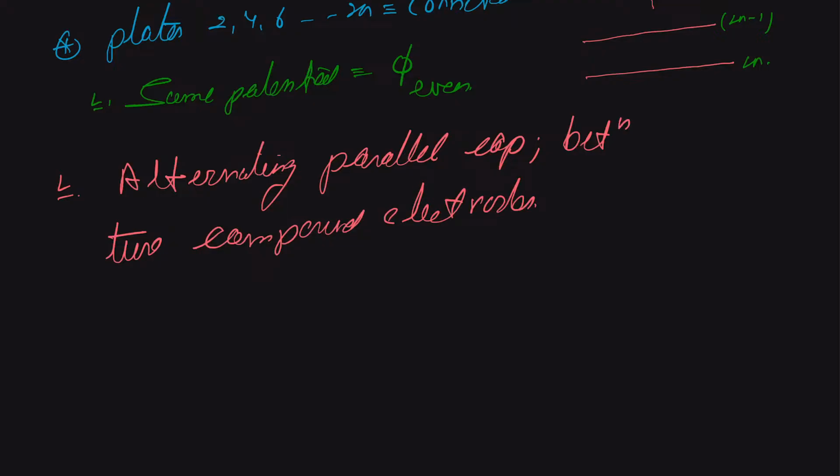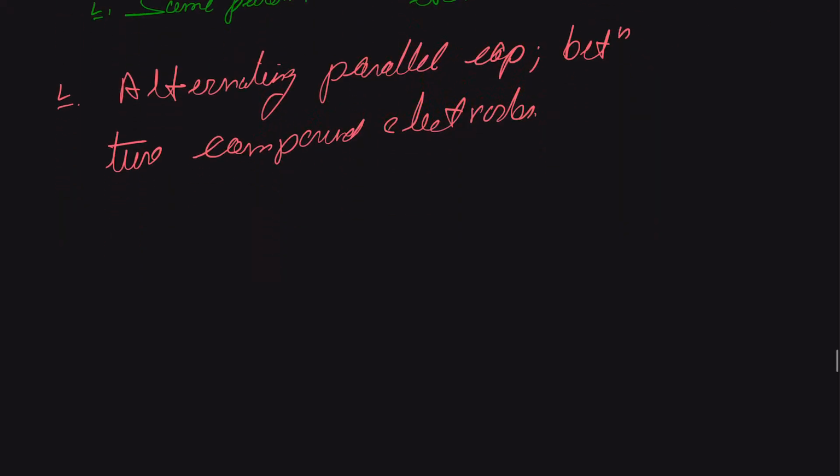We are mainly interested in how they are connected. There are only two options: either they will be in series or they will be in parallel. So let us understand the pattern. We have a gap 1, and this gap 1 is between plates 1 and 2, so basically it is between odd and even.